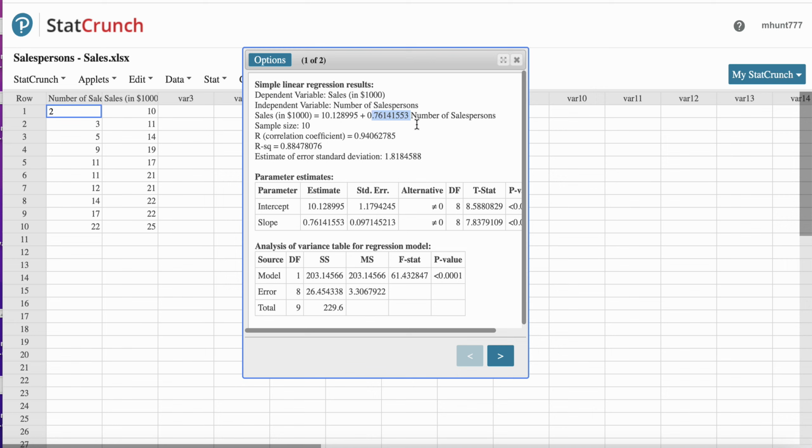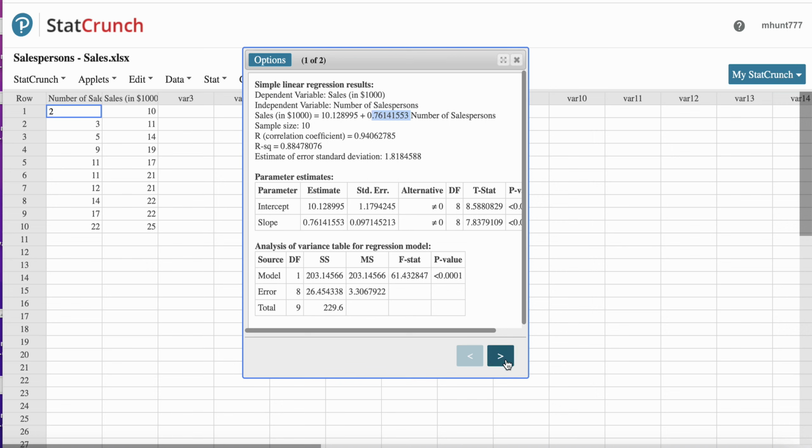So I kind of on the spot converted that to thousands of dollars. Each additional salesperson working will have the effect in a linear way. This is what the linear equation predicts. It predicts that the sales will go up by $761,000.